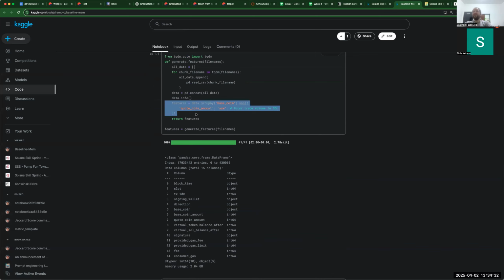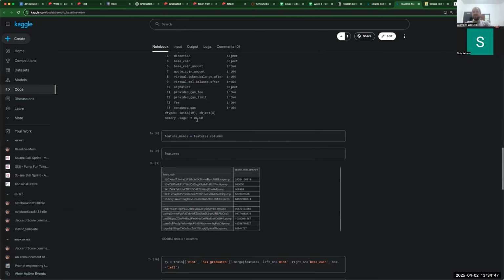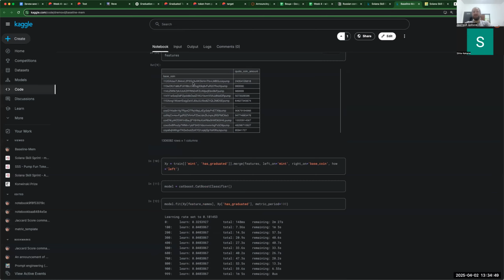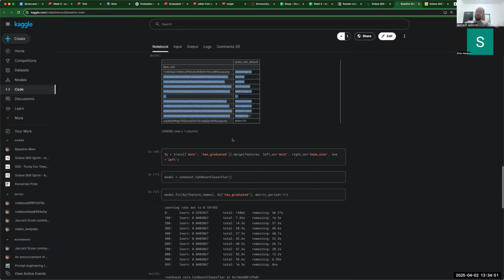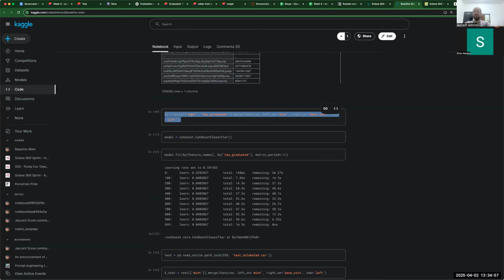So all the transactions in the first 100 blocks, we just sum the Solana volume of this token. That's it. We do a group by, and these are the features. Then we get this table, and we can join it to the train dataset and to the test dataset. So we do this merge.